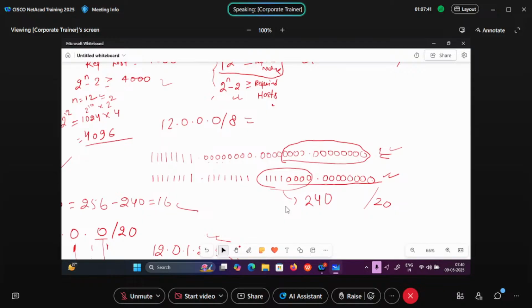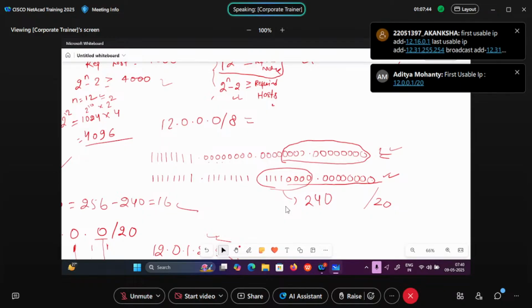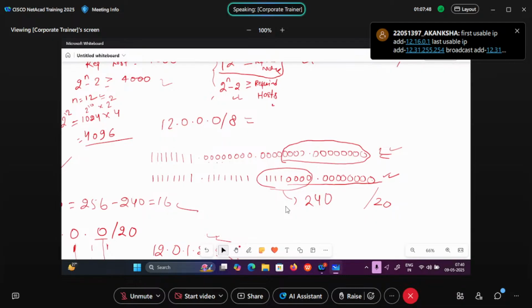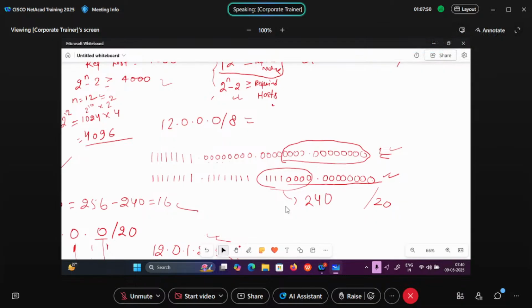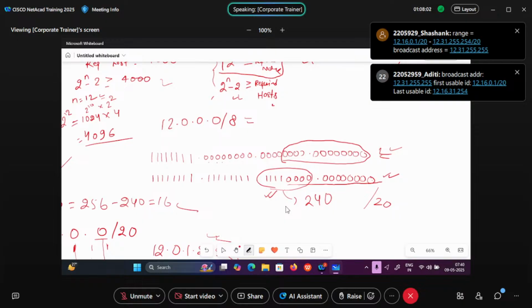We got it in the third octet, because there are four 1s and four 0s.